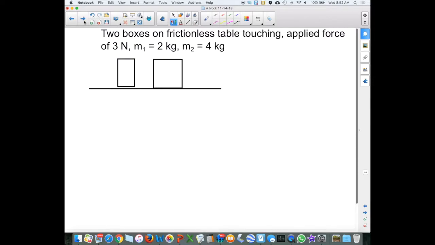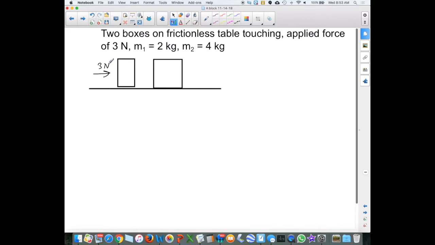Okay. I have two boxes on a frictionless surface touching each other. I have an applied force of 3 newtons in this direction. And I want to know what the acceleration of the system is. Isabel, what's the first step? Create a free body diagram. So everybody do that, right?